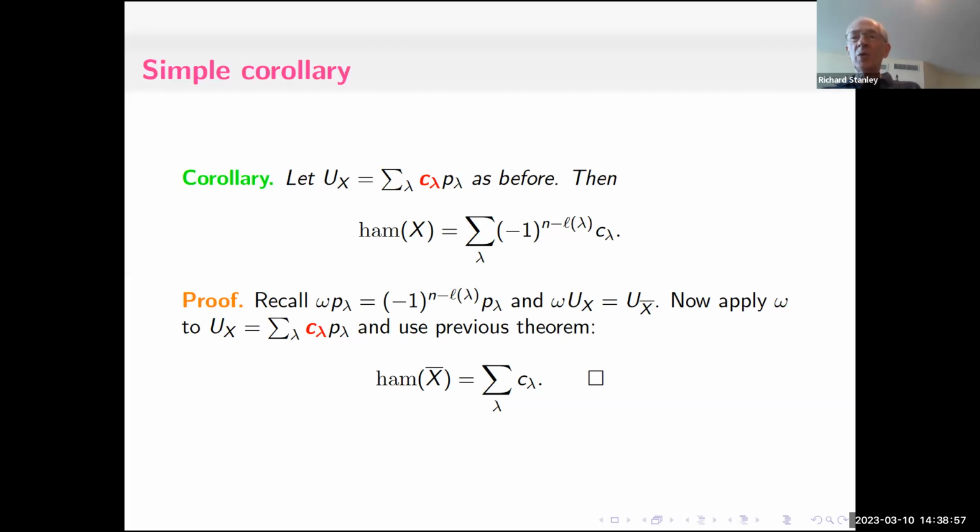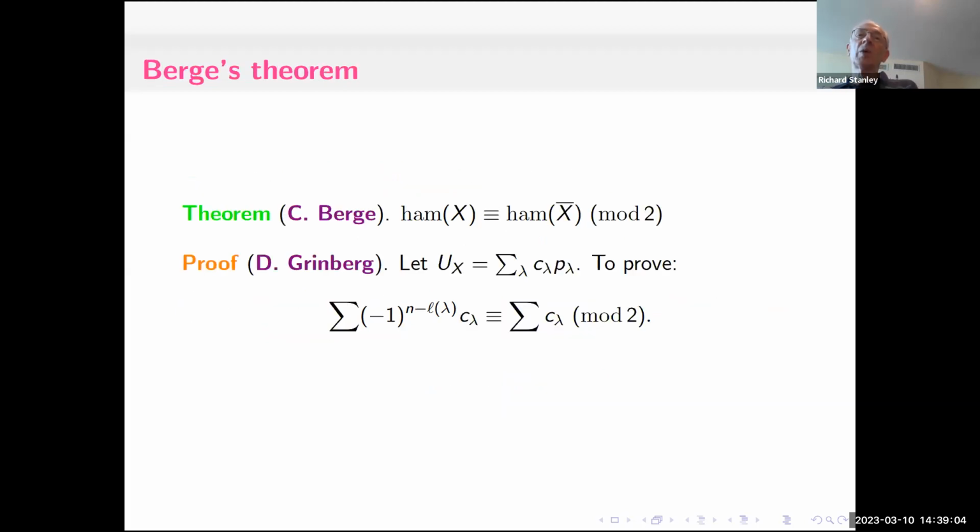Okay, can we do anything with this result? Well, one thing we can do immediately is the theorem of Rédei and Berge. It shows that for any digraph, the number of Hamiltonian paths in X and the number of Hamiltonian paths in X bar, the complement, are congruent mod 2.